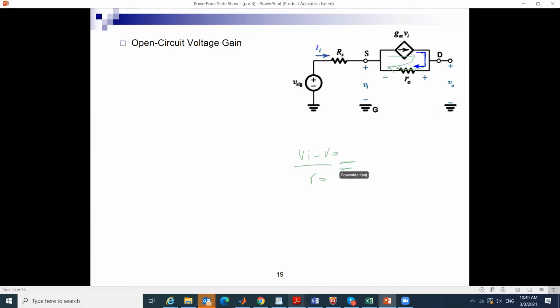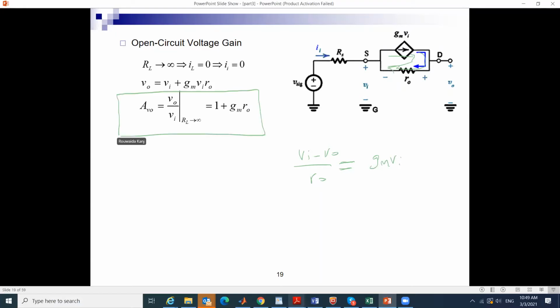This is very theoretical. From this I can find a relation between VO and VN, and I can say that the gain is equal to 1 plus GM RO. So for this circuit, VO over VN when RL tends to infinity is equal to 1 plus GM times RO. This is the open circuit voltage gain.